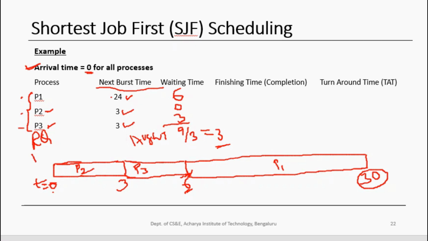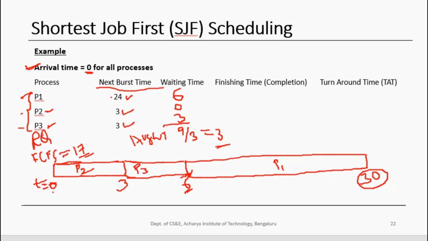Whereas in case of FCFS, this was 17 milliseconds. What would have happened in case of FCFS? Because P1 is making the request for CPU first, P1 would have got the CPU first, then P2, and then P3. What is the change here in shortest job first scheduling algorithm?